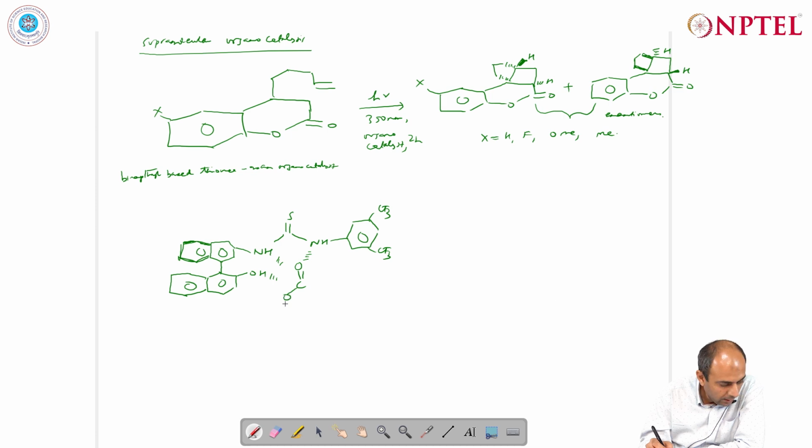So this is the transition state like geometry. So as you can see, this is the transition state like geometry we have.